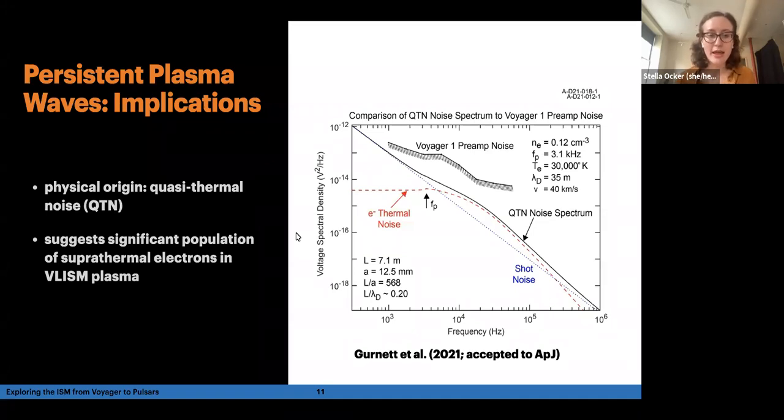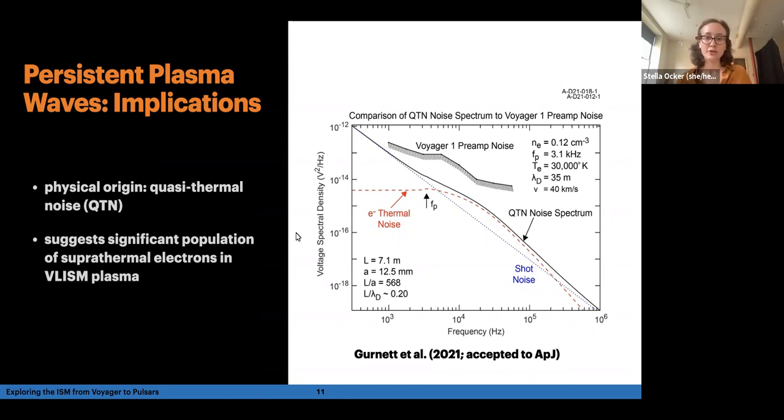And typically, to detect quasi-thermal noise, you need an antenna that is longer or much longer than the Debye length of the plasma. Now, Voyager I has an antenna length of about 7 meters, whereas the Debye length in the very local ISM is estimated to be around 30 meters.